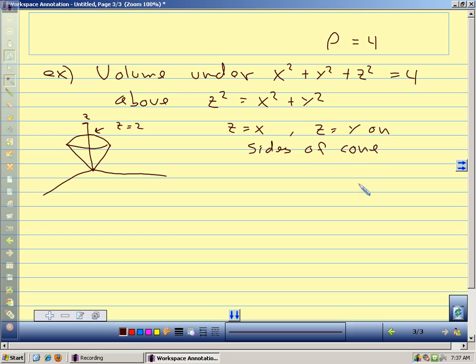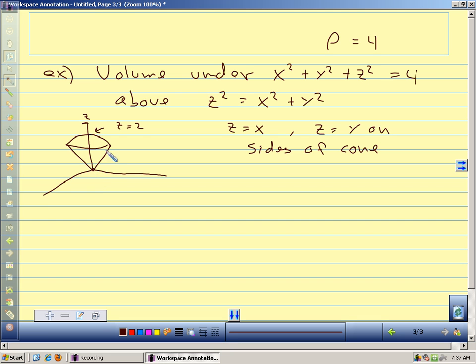So in spherical coordinates, z equals x or z equals y, how would I represent that? Rho sine phi, what? On the line y equals x, in the xy plane, theta equals what? Pi fourths.